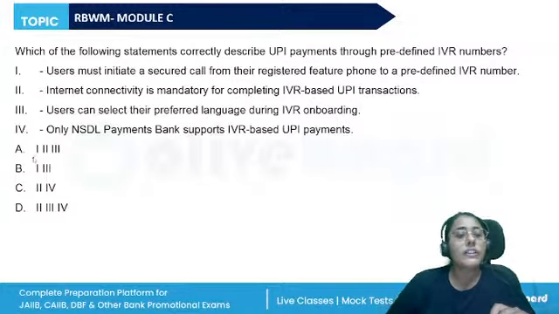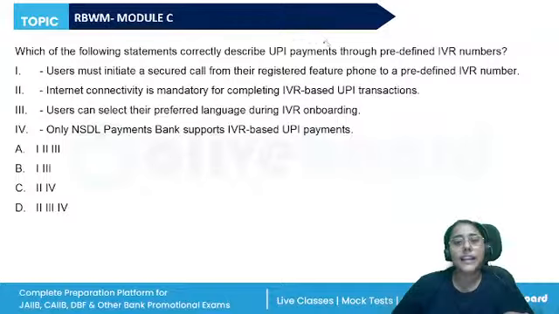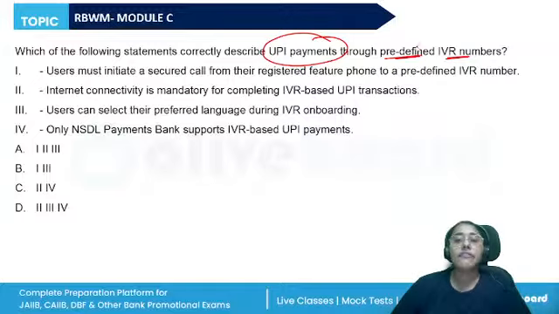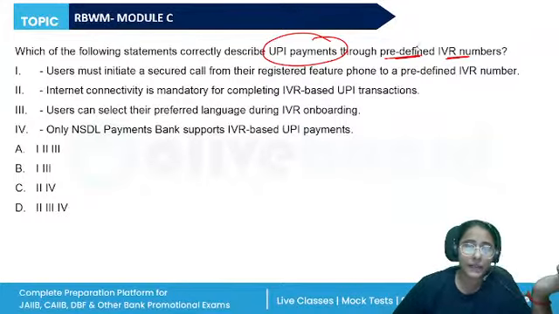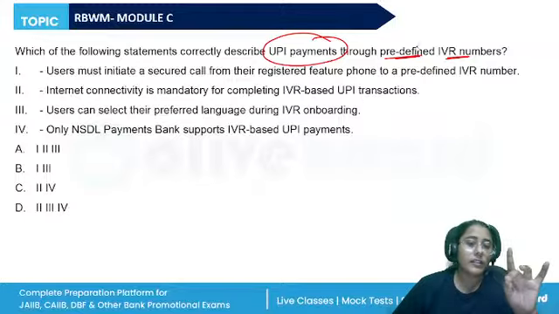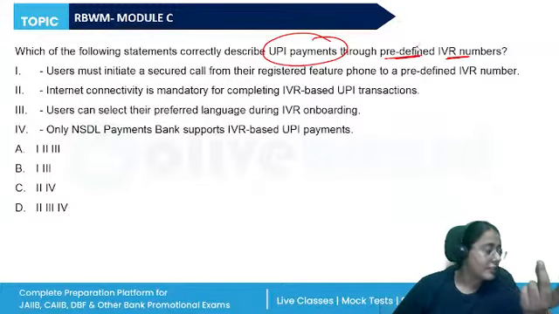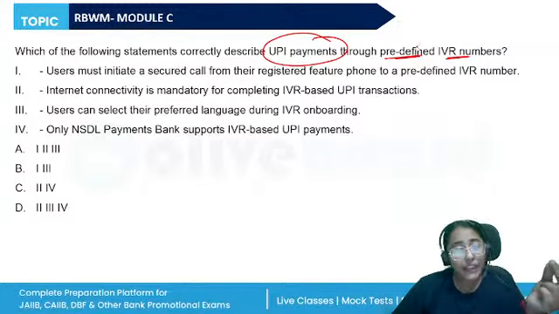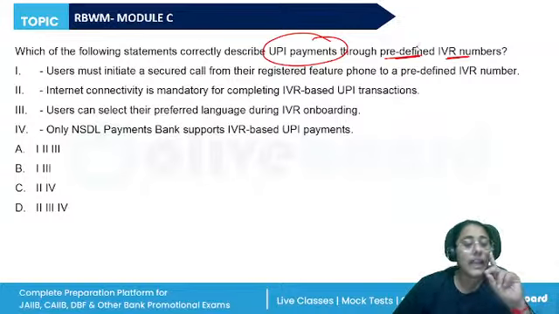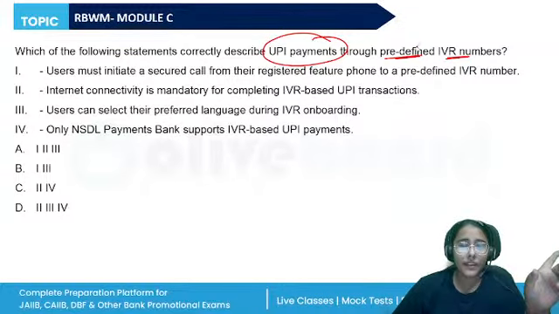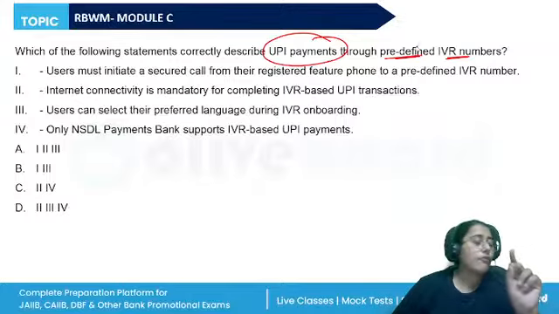Okay. Which of the following statements correctly describe UPI payments through the predefined IVR numbers? Now we can make the UPI payment through a missed call. Even the feature phone supports UPI payment. Voice based payments are also there. And we have the IVR, the interactive voice response.